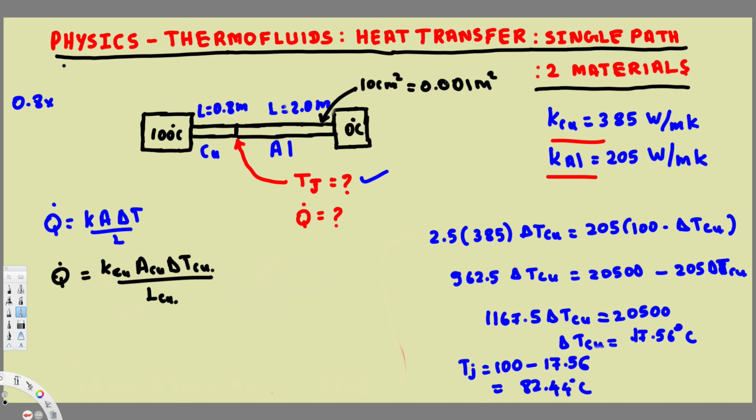Because 10 times 10 to the power minus 4, you should get this value. Now let's plug the values. Kcu is going to be 385 watts per meter Kelvin, and the area is going to be 0.001 meter square times delta Tcu. We calculated right here, that's going to be 17.56.